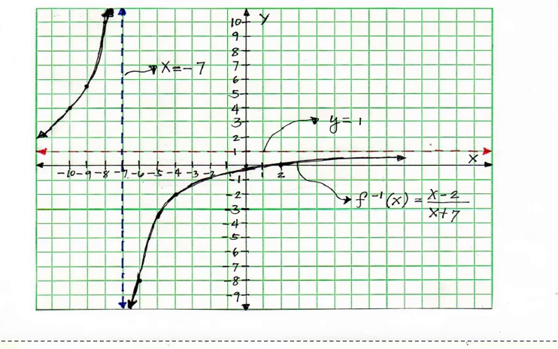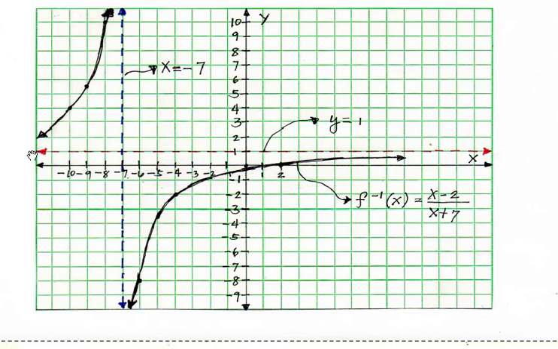In the same way here, in this part of the graph, as we choose values for x to be, say, negative 10, we have here the counterpart of negative 10, that's 4. Then if we choose negative 11, it gets closer and closer to y equals 1. But take note that we have a horizontal asymptote, so it will never touch y equals 1.